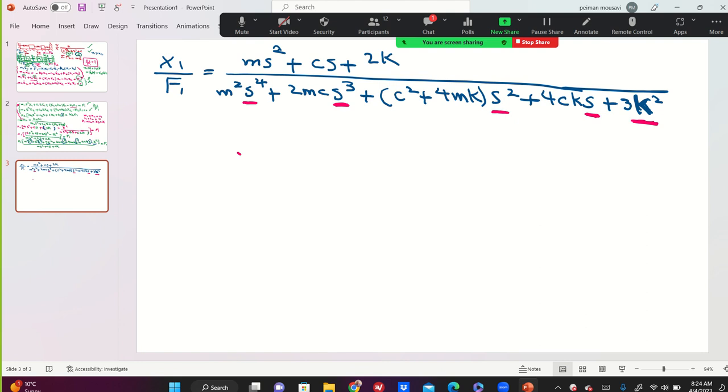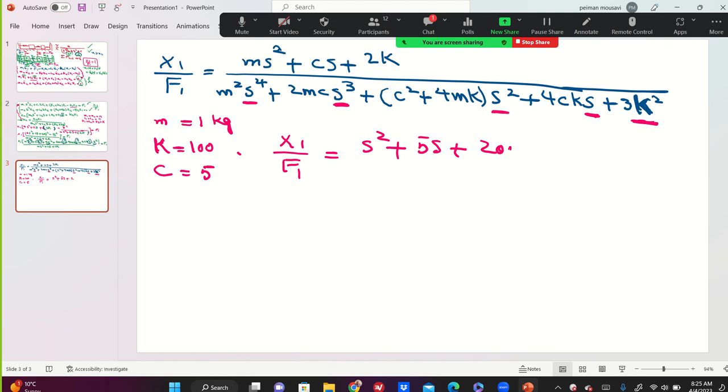Okay. Now I give some numbers. m is 1 kilogram, k is, for God's sake, 100, and c is 5. So x1 over f1 gonna be (s squared plus 5s plus 200).